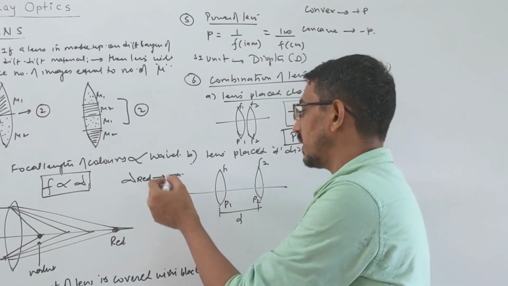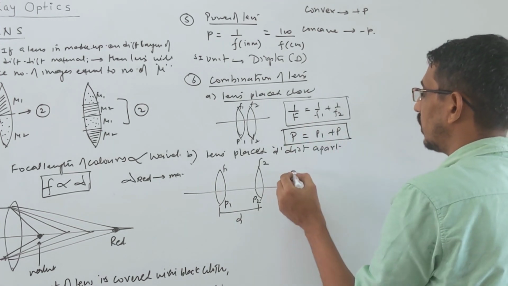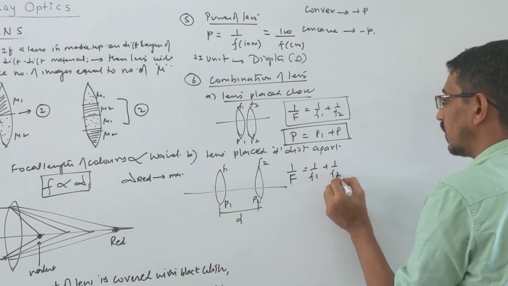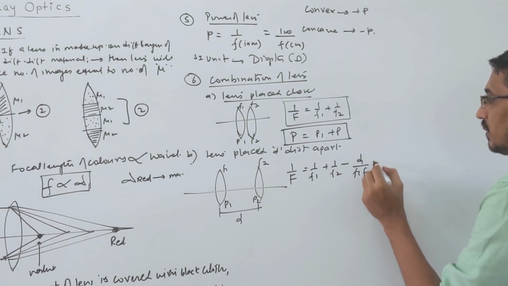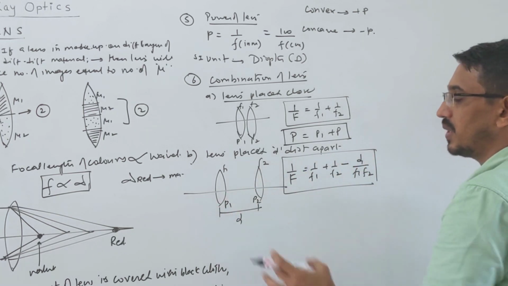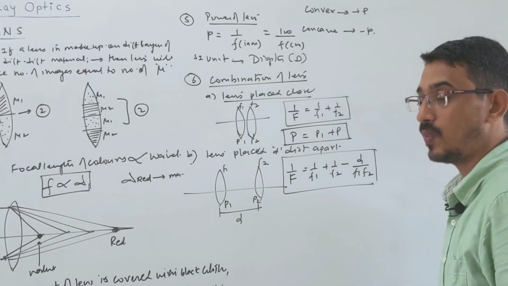Now some object is placed here and they make an image, so we have to find the combined focal length and combined power. Then how does this formula get modified? 1 by f will be equal to 1 by f1 plus 1 by f2 minus d by f1 f2. This is the difference: the term minus d, the distance between these two lenses, divided by f1 f2. Correct.